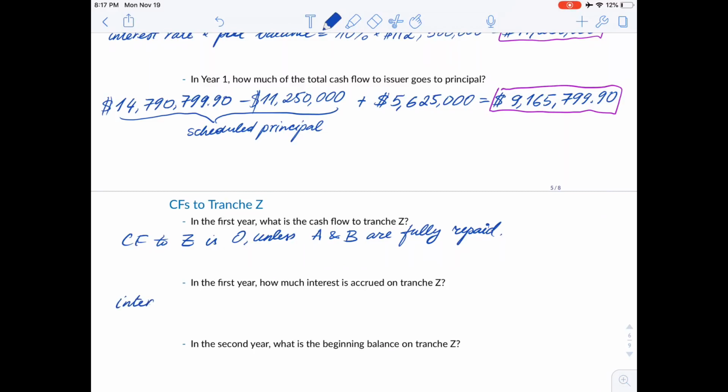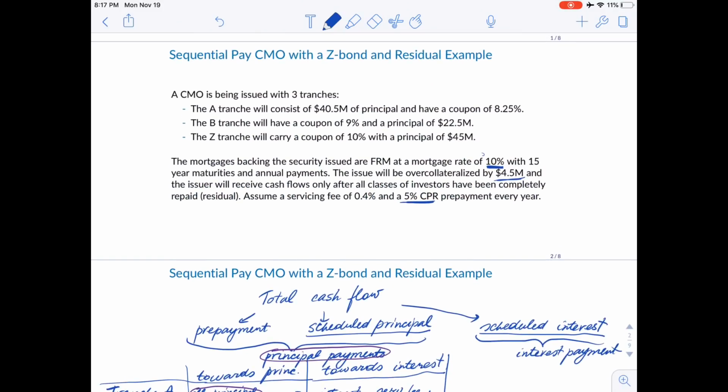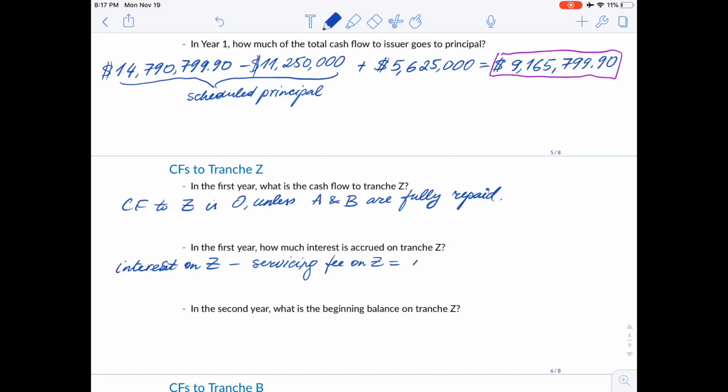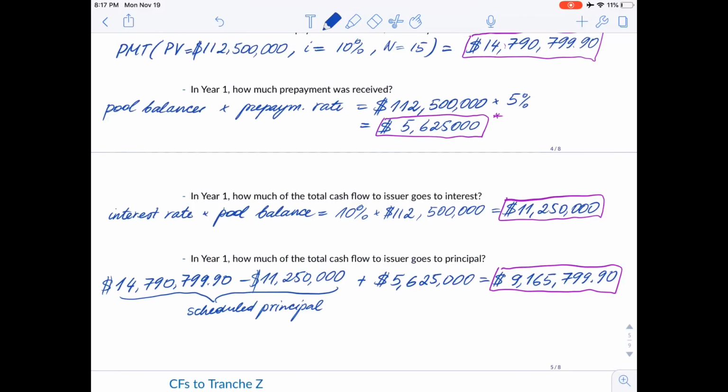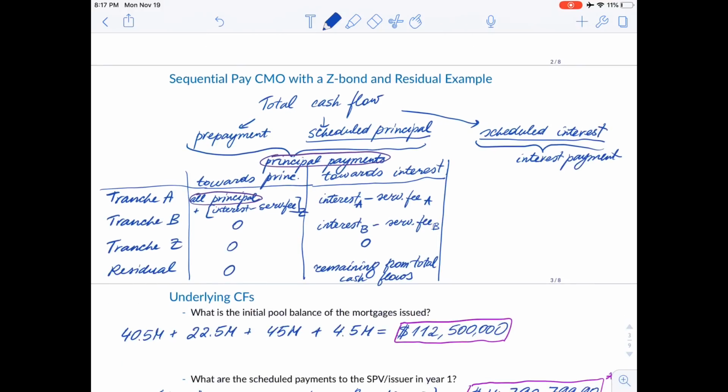So how much interest is accrued to tranche Z? Well, it's the interest on Z minus the servicing fee on Z, right? So the interest rate on Z is what? Interest rate is 10% of $45 million. So the interest is 10% times $45 million, and the servicing fee was 0.4%.